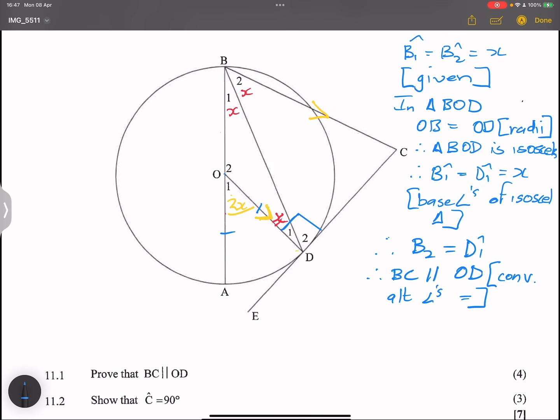Now they say to us, we must show that angle C is equal to 90 degrees. Right, now let's quickly do that, ladies and gents. So we just found out that this angle here is equal to 90 degrees over there, right?